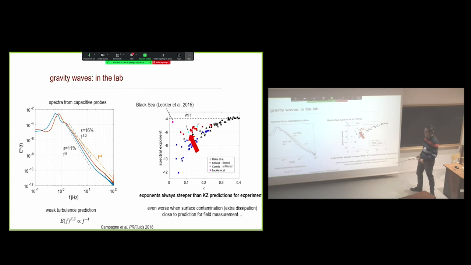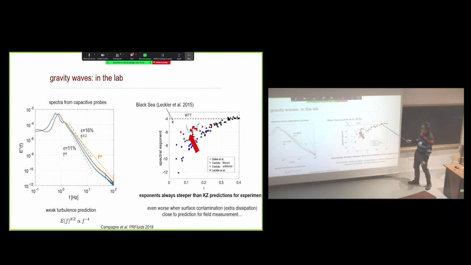Here is a collection of experiments that were done either by Luc Deike during his PhD in black or in my lab in blue and red. And you see that, so this is the spectral exponent as a function of the slope. And you see that the exponent is strongly smaller than -4, except when you shake like crazy and you have wave breaking and so on.